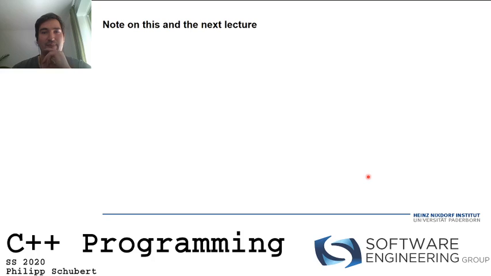All right, a note on this lecture. Last time we discussed pointers, which are somewhat tricky. For now we only really saw the easy parts. In today's lecture we will also discuss a harder topic, user-defined types, and we also have to discuss special member functions in that context.